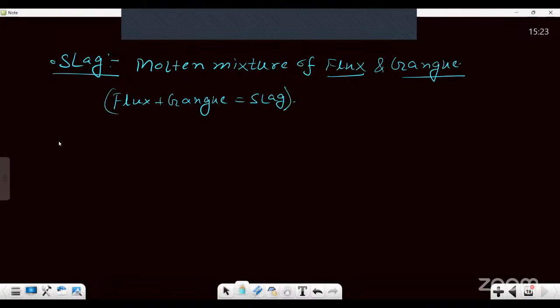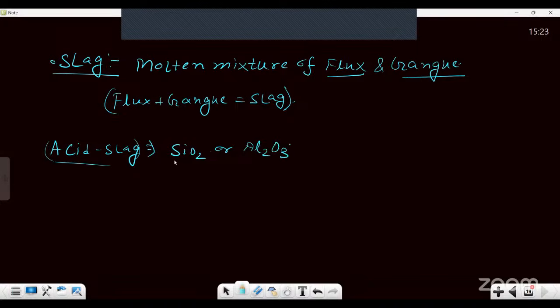Now, there are three kinds of slags we'll be talking about. One is acid slag. The flux can also be acidic, basic, or neutral. Similarly, slags can also be acidic, basic, or neutral. If it is acidic slag, more SiO2 or Al2O3 is there.